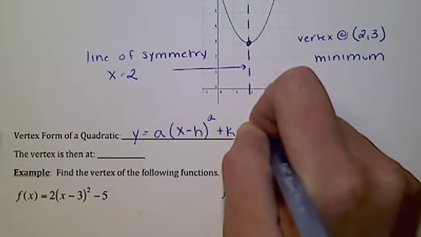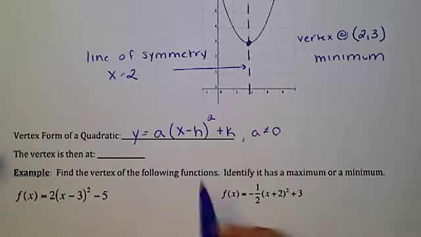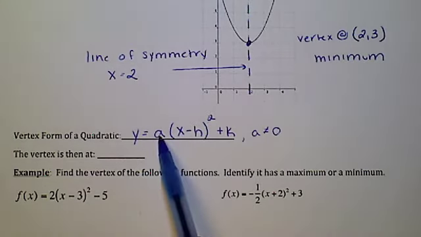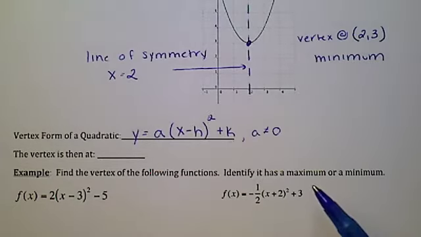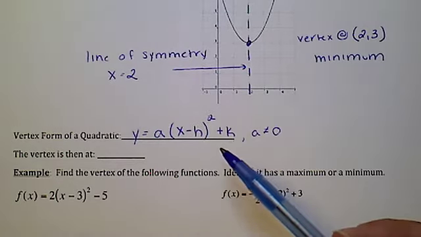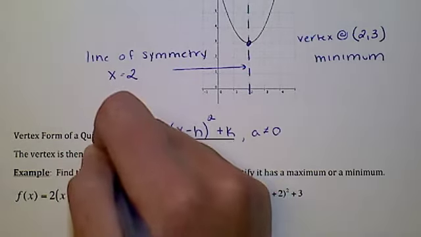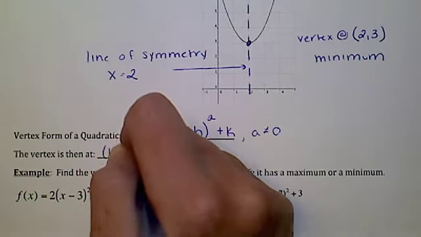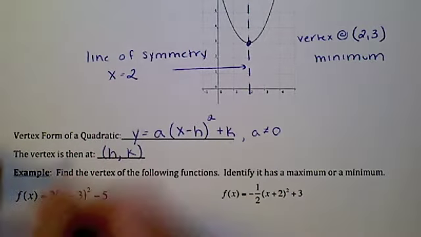Again, a does not equal 0. If a equals 0, this whole thing disappears and you just have a constant function. A, h, and k, they're just numbers. They're just placeholders for numbers. But if you have something that's written in this form, the vertex is so easy to find. It's just whatever number's in for h and whatever number's in for k. And there's your vertex.